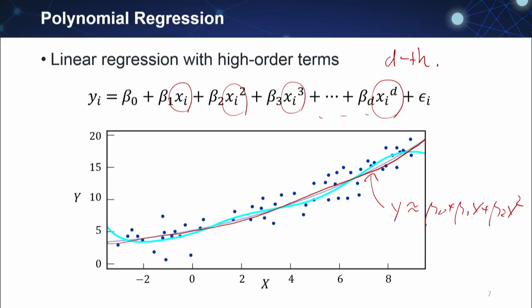And this is the cyan one, the wiggly one. This one is from the fifth order polynomial regression, up to x to the fifth. As you see here, a model with higher order terms is more wiggly and more flexible. However, it is not always good, as you see here. Okay?